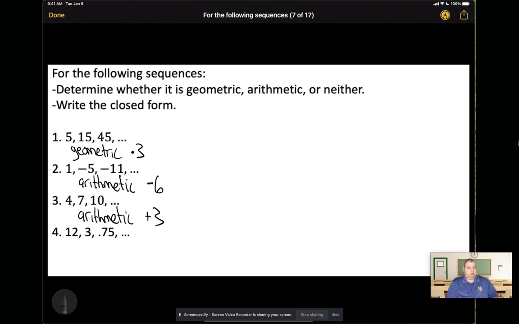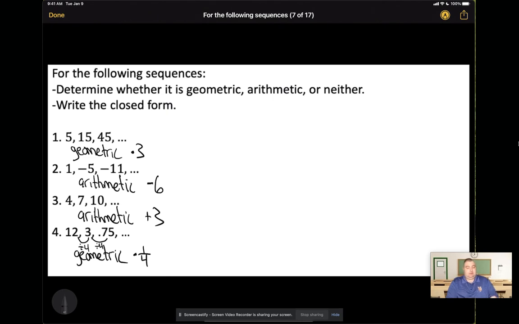And the last one, number 4, that's going to be a geometric sequence, because in this one we're dividing by 4. 12 divided by 4 is 3. 3 divided by 4 is 0.75, so our common ratio is going to be 1/4. Dividing by 4 is the same as multiplying by 1/4.